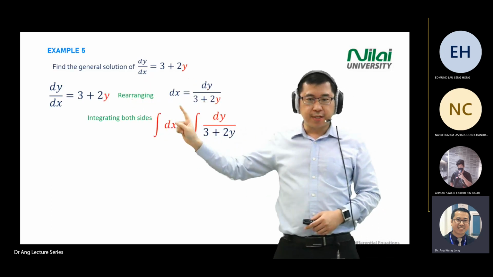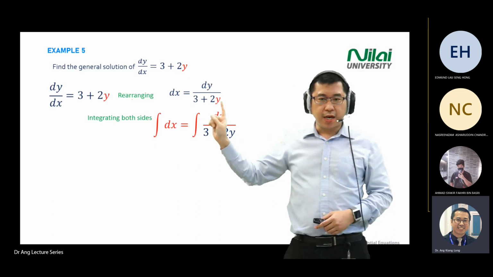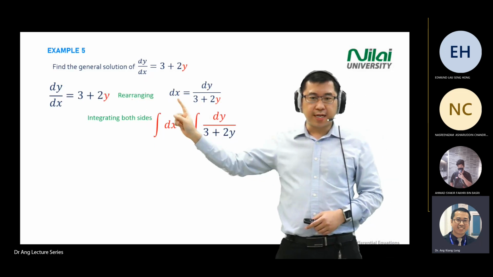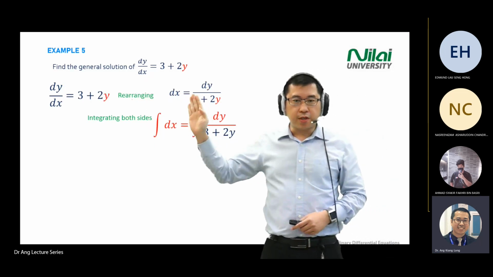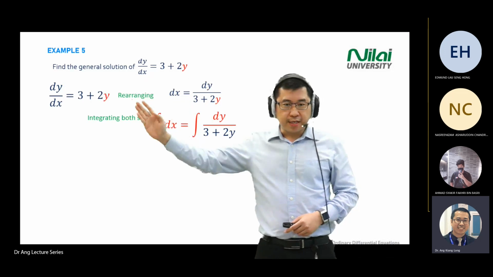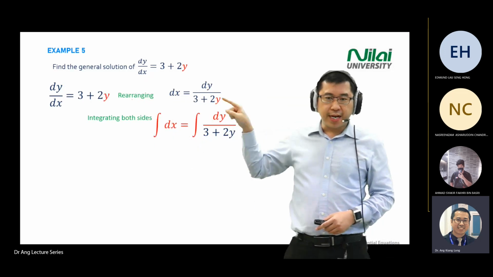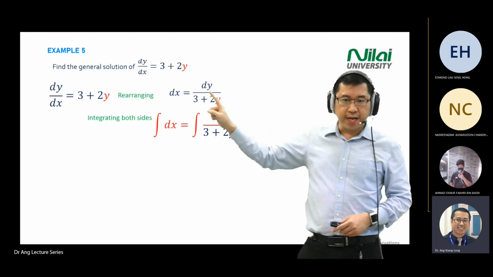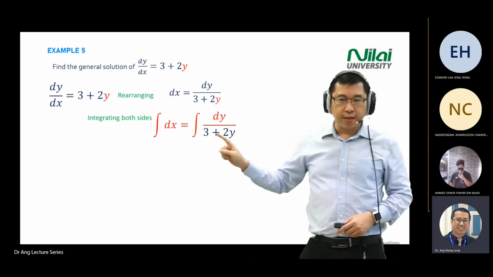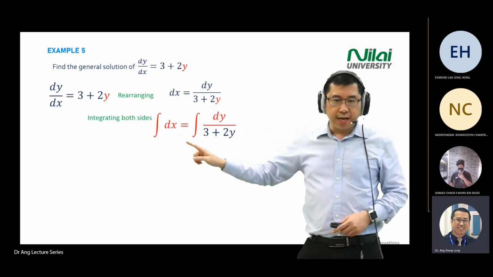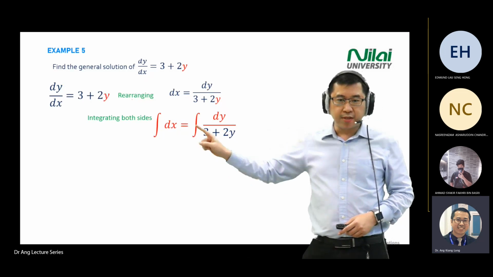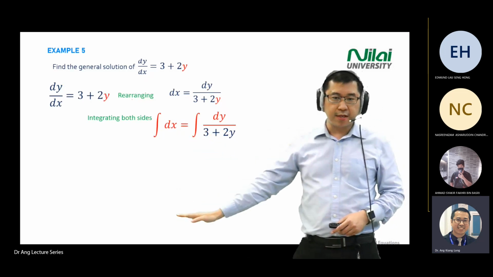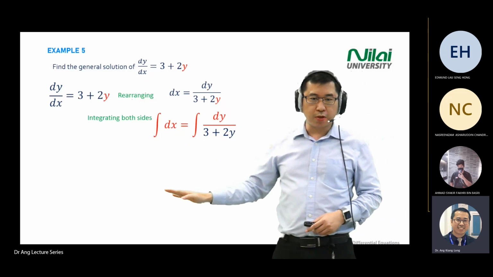For example, this one, you see x one side, y one side. It doesn't matter whether x is on the left or right, as long as you arrange your equation with x on one side and y on the other. Then you get dy and dx on both sides and you do integration. After you put in the integration sign, the rest is just integration steps, like what we covered in chapter 2 and chapter 1.